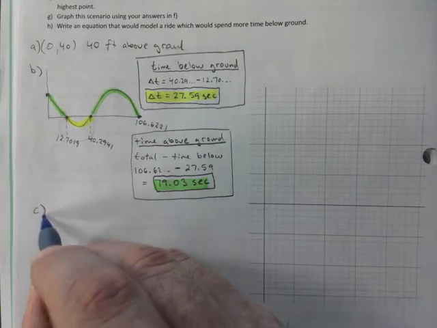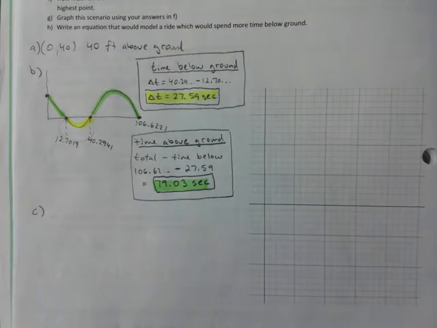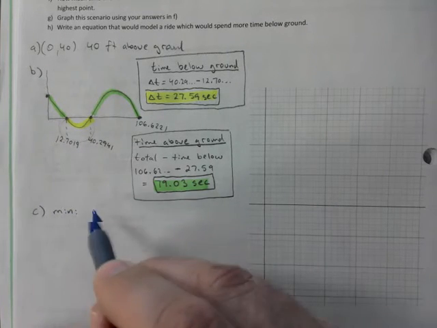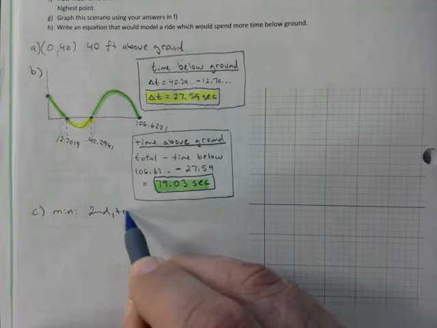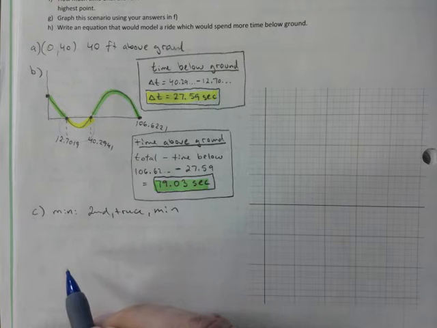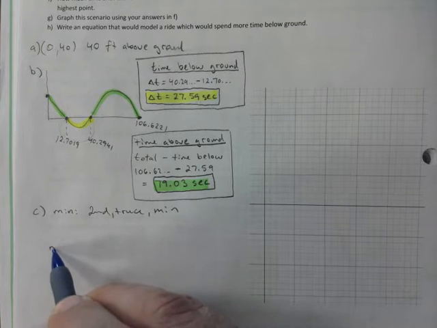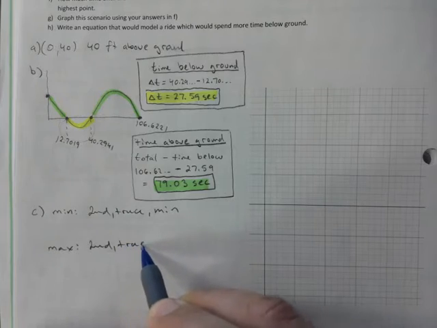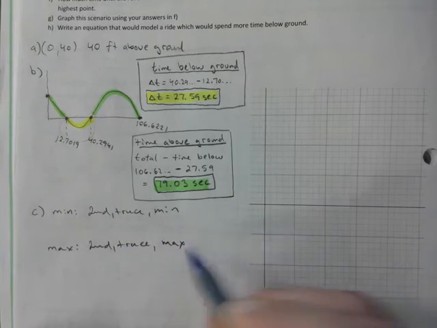Anyways, C. What are the maximum and minimum heights reached by the track? So let's do one at a time, right? So the min, we're going to go second, trace, min, and we're going to write that down. And the max, we're going to do that right here. Max, second, trace, max. You go ahead and do that with me.